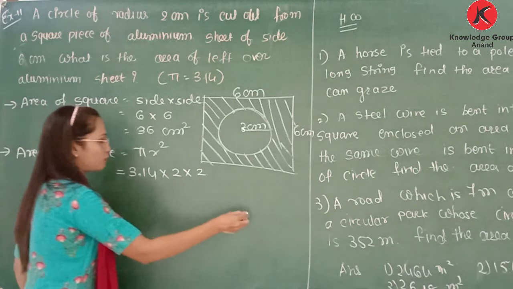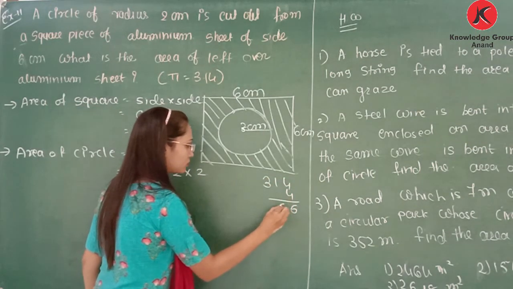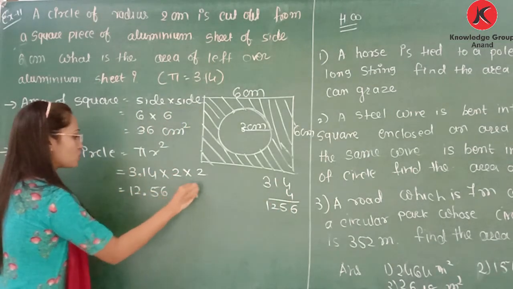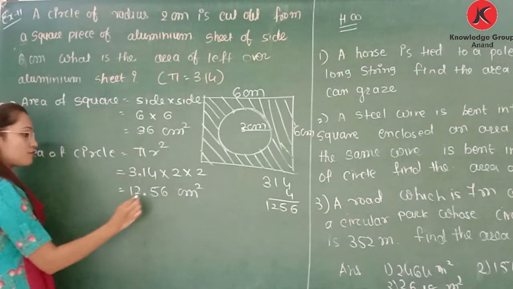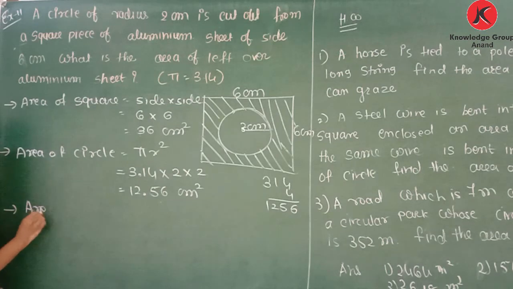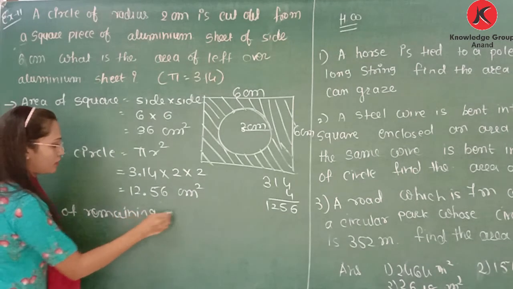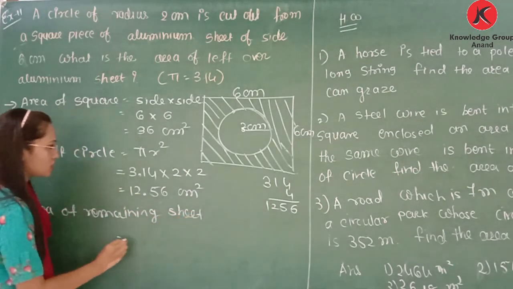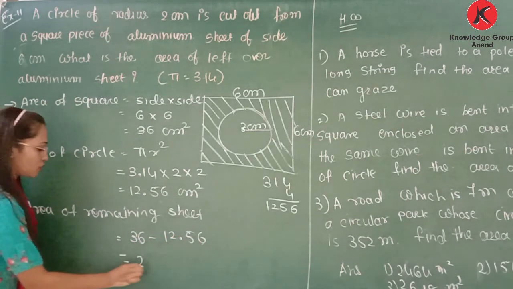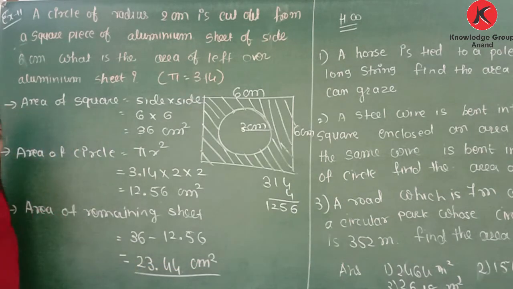Multiply 3.14 with 4. So it is 12.56 centimeters square. Now from 36, if we subtract 12.56, we get the remaining area. So area of remaining sheet is equal to 36 minus 12.56. So that will give 23.44 centimeters square. Clear?